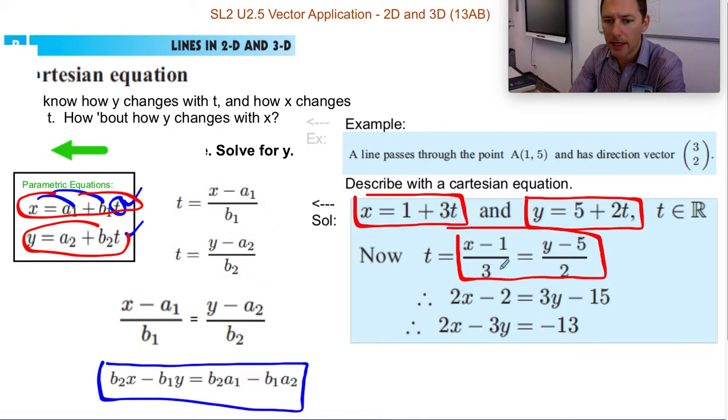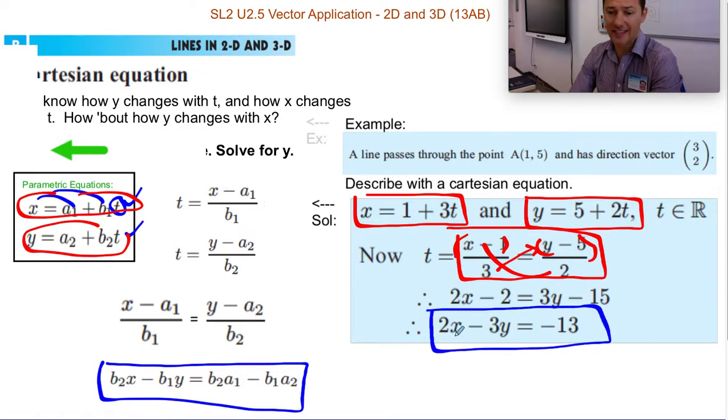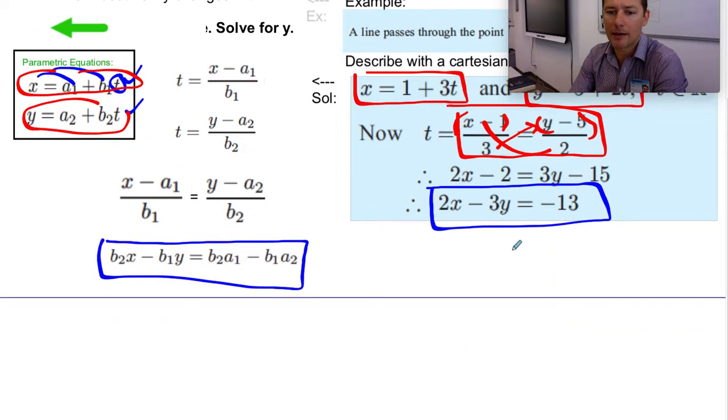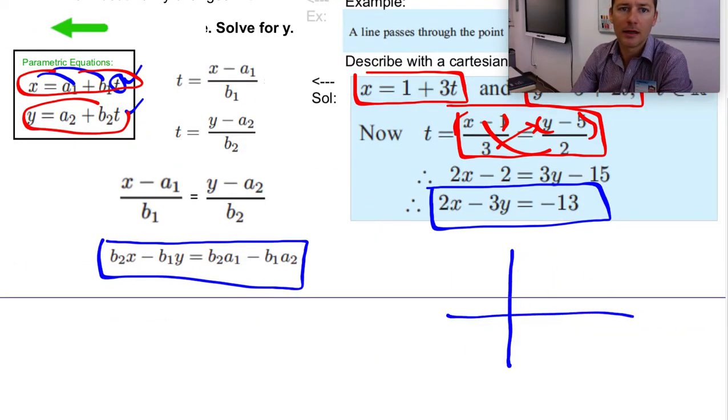Then we multiply each side by the other's denominator, like that, and we clean it up. We're just left with the standard form equation of a line, which is nice because that's easy to plot. You can find the x-intercept and y-intercept by covering up the y and the x, and you can solve it that way.